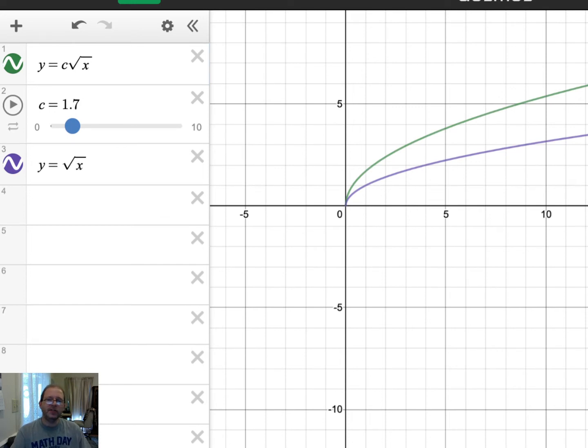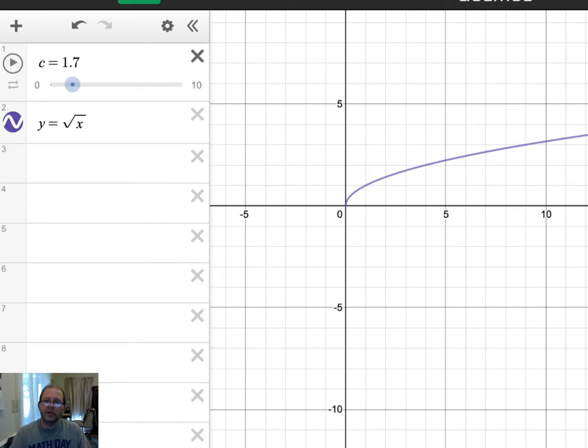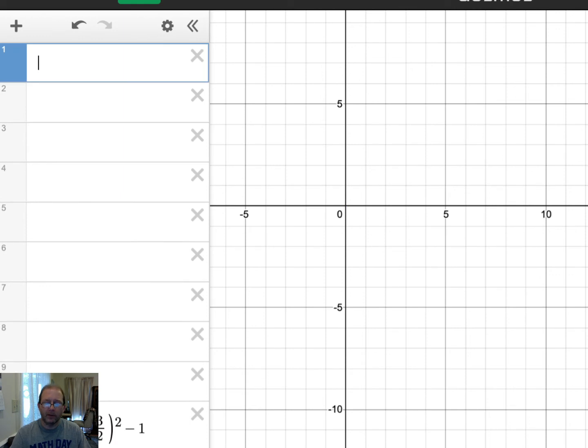It's actually easier to get the gist of stretching and compressing if we use a more complicated function. So let's look at y equals sine x.